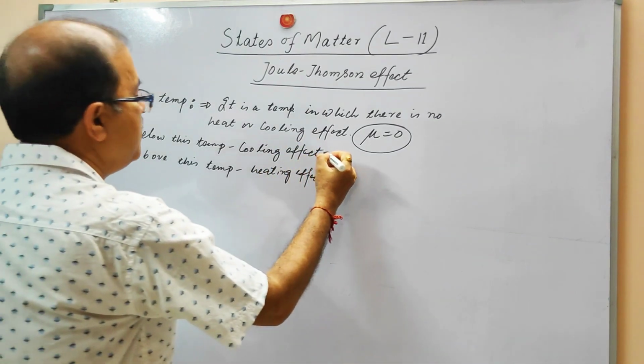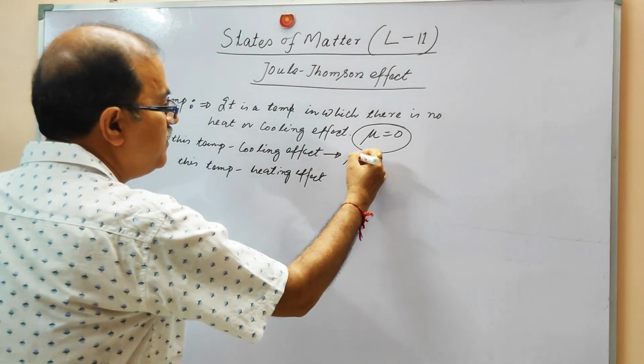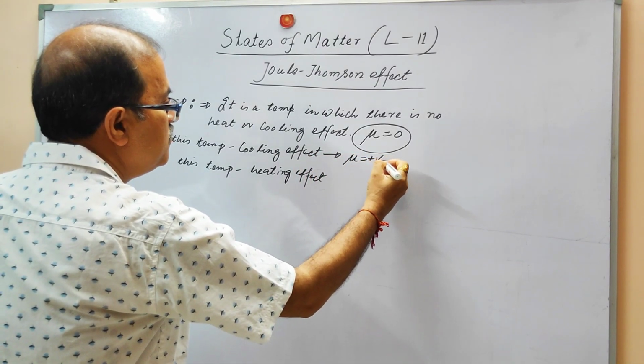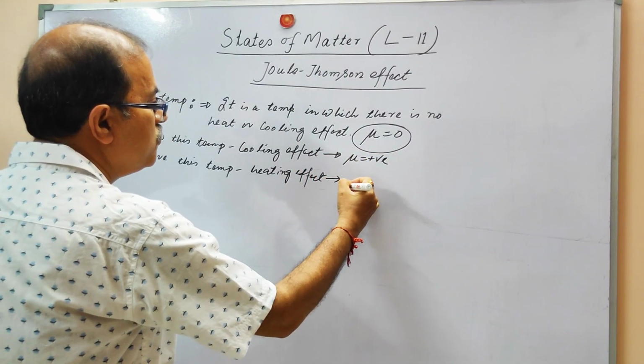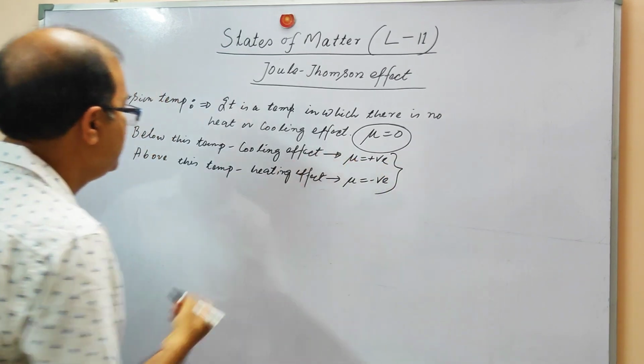So below this temperature there is cooling effect. At that time the mu, the Joule-Thomson coefficient, will be positive, and above this it will be negative.